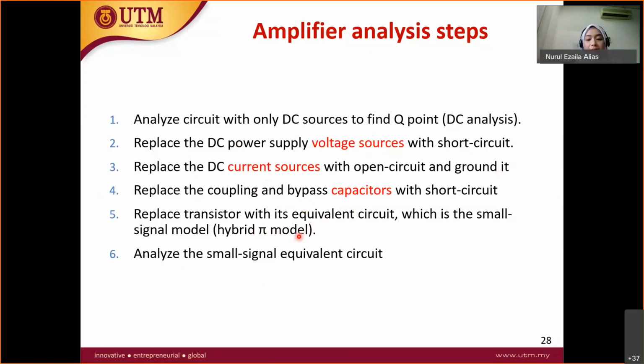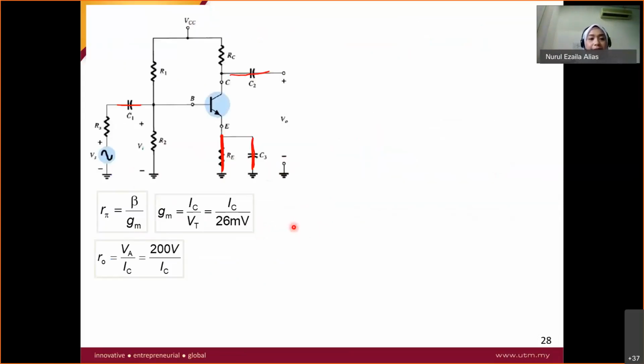The hybrid pi model has certain parameters, and you need to memorize them. You have the current source gm V pi. However, in order to find gm, you need your IC value, so gm is equal to IC over VT.